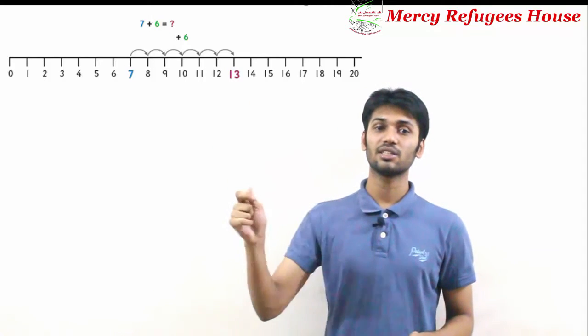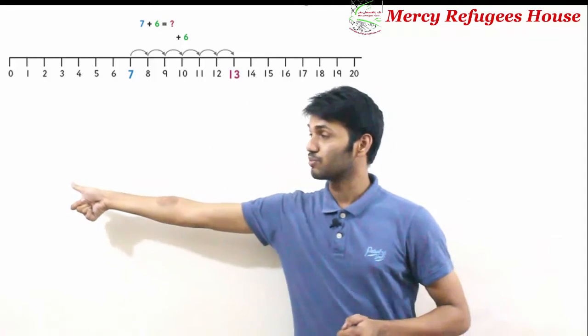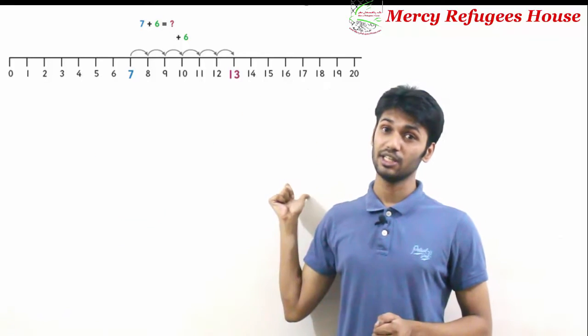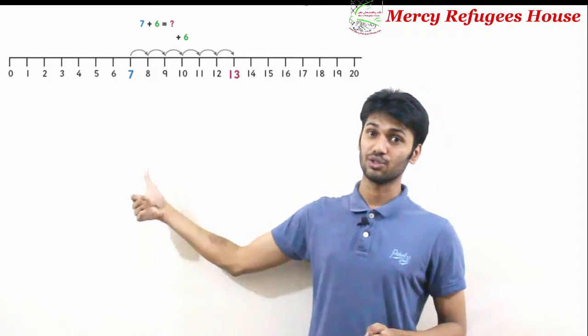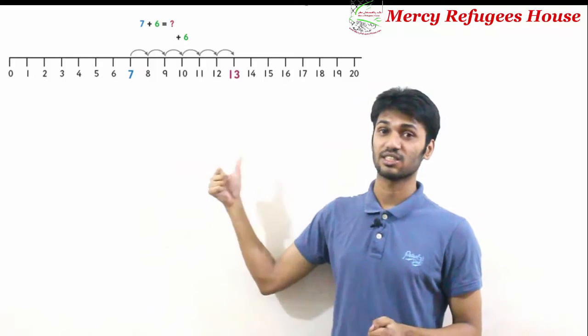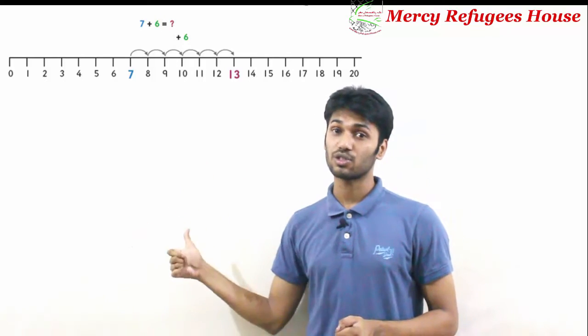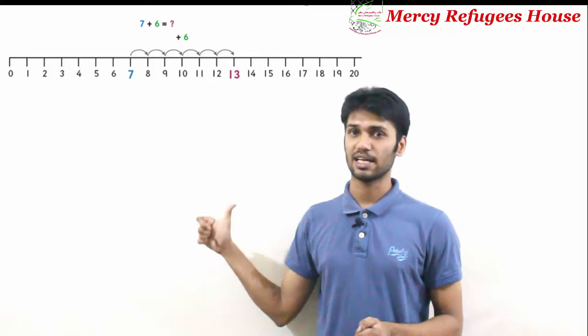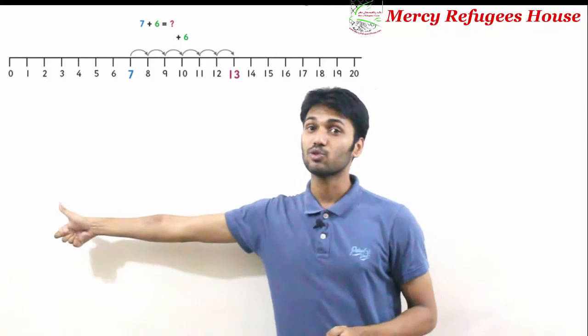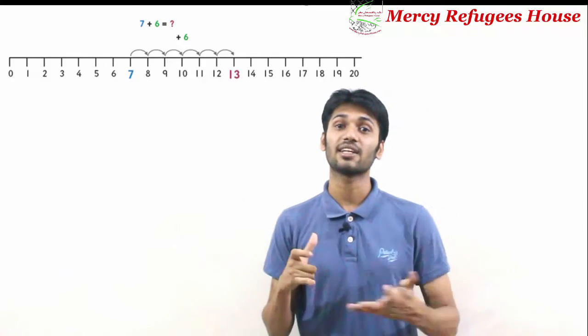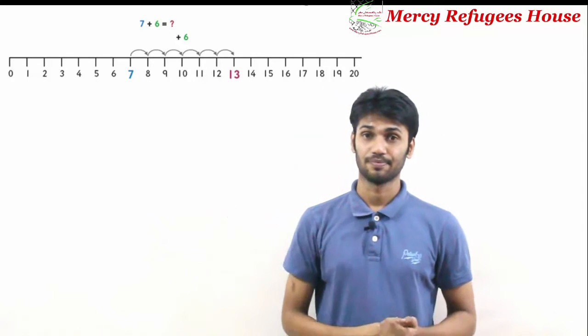So here look at this scale. It is showing from 0 to 20. 0, 1, 2, 3, 4, 5, 6, 7, 8, 9, 10, 11, 12, 13, 14, 15, 16, 17, 18, 19, 20. That means we have got 20 different segments. It's just like a scale.